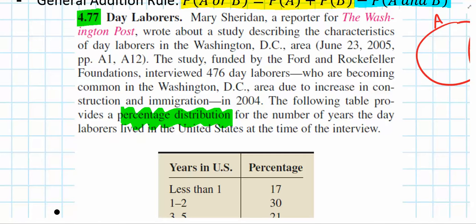So a day laborer is somebody that's hired to do some work. Oftentimes it's not reported as an official employee of a particular company, and therefore goes unreported to government entities.